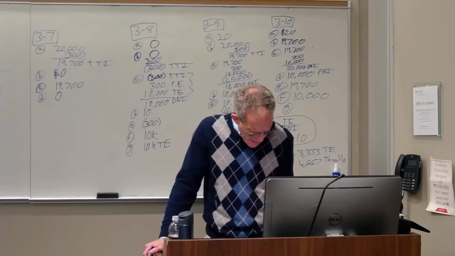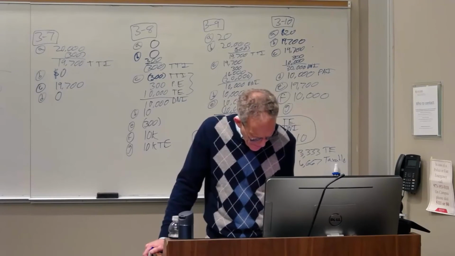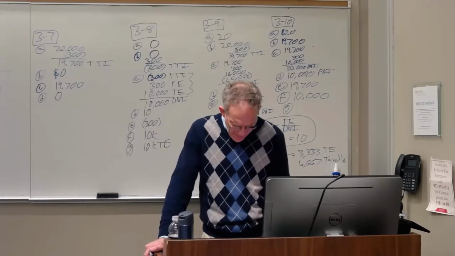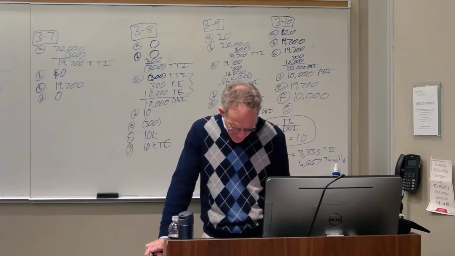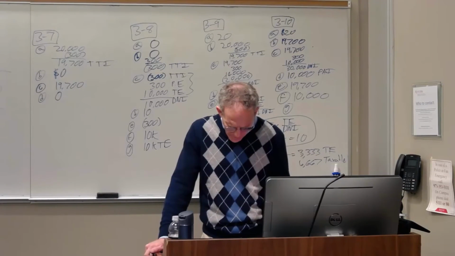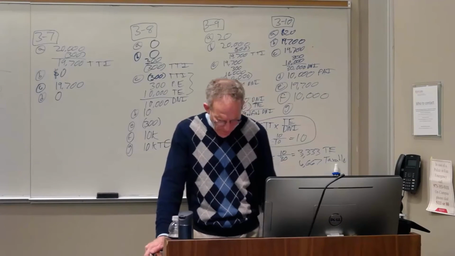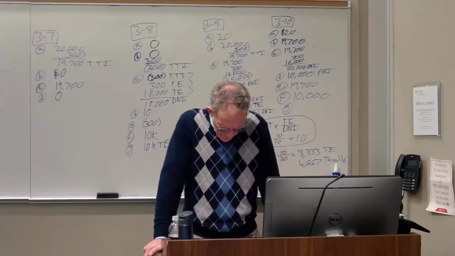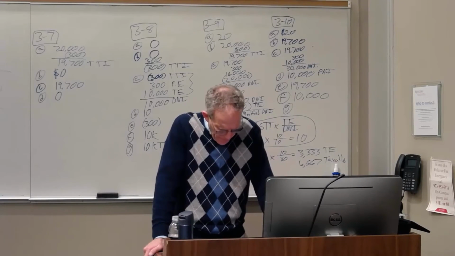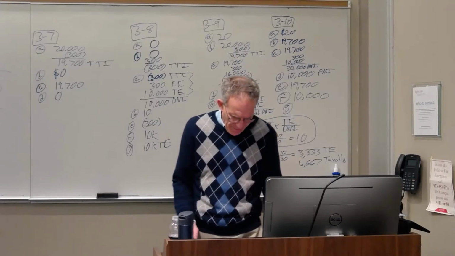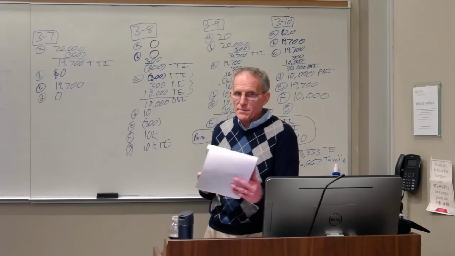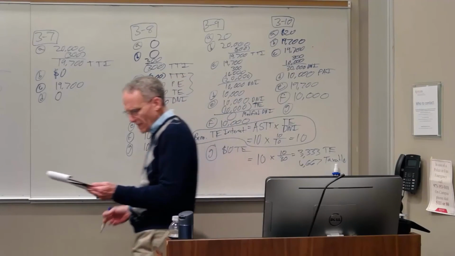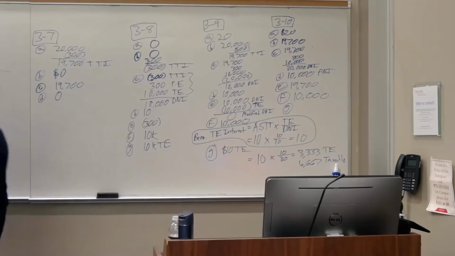(3-12) Calculate the taxable income of the trust described in problem 2-2. So what we have to do, guys, is remind you what is in problem 2-2. Do you recall what the tentative taxable income is?